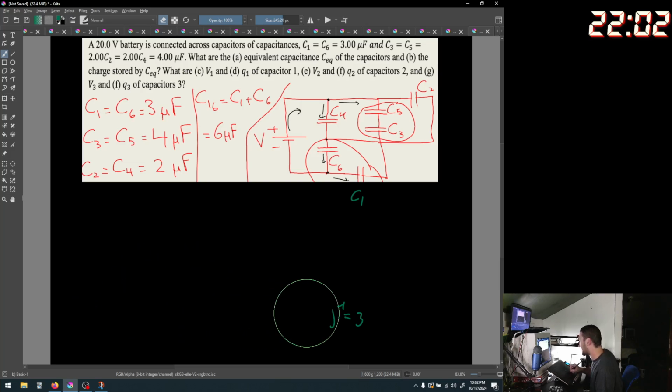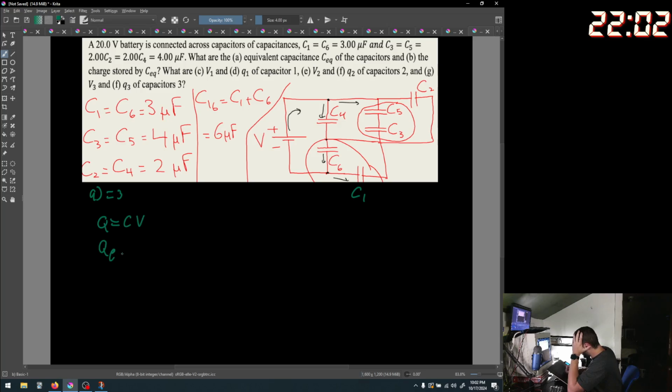Really hope I don't need those. Oh, actually, I do need that, C1. Part A is 3. B, what is the charge stored? So Q equals CV.